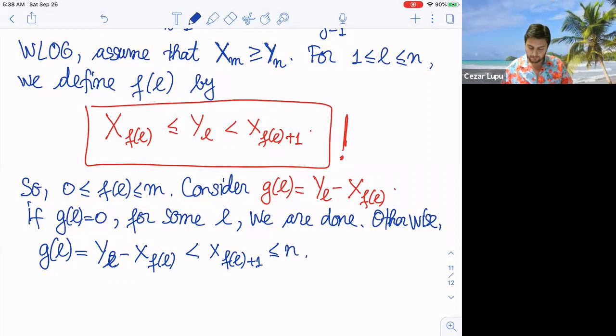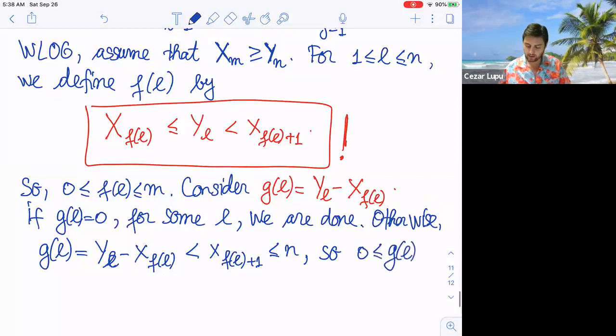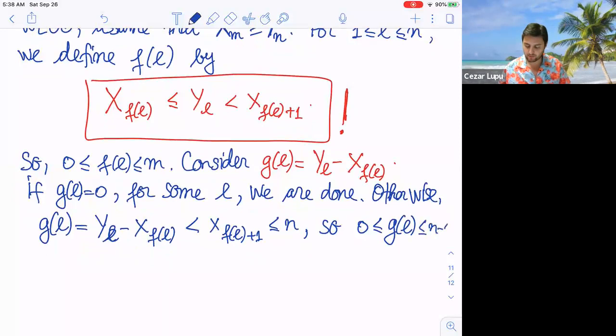All right. So from here, we'll have a similar inequality for g of L. So this will imply that g of L, this index, will be between 0 and n minus 1.